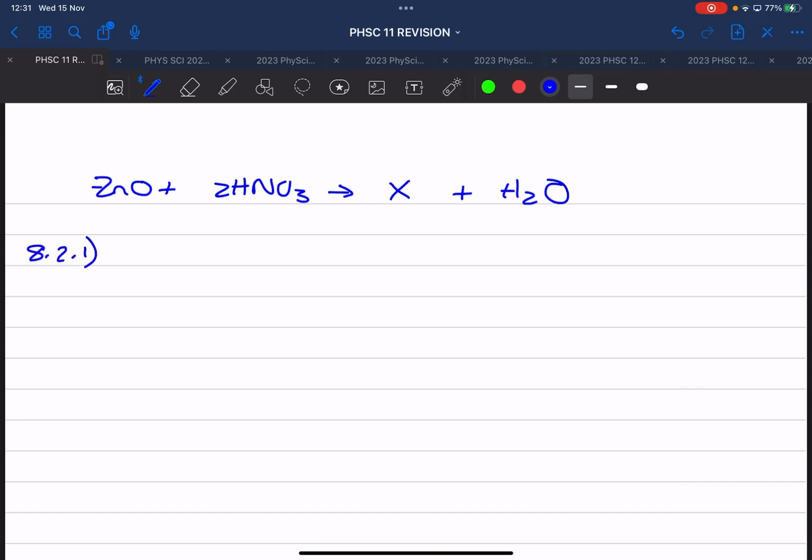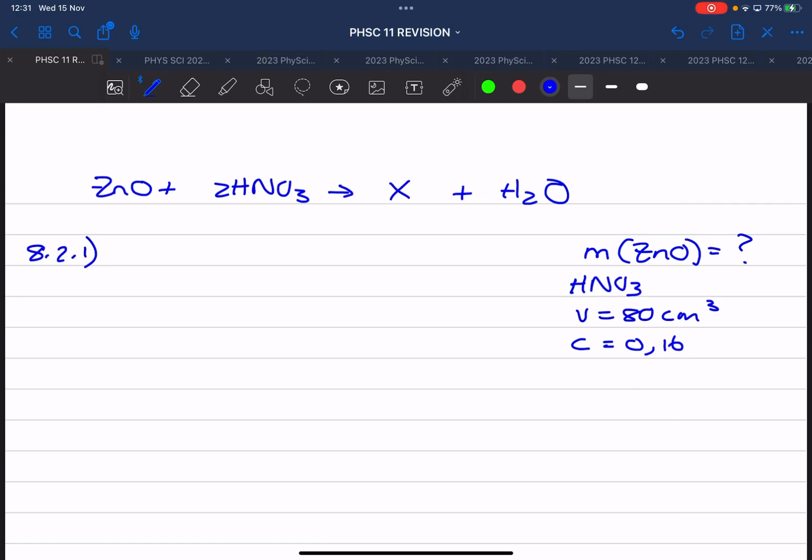8.2.1, determine the mass of zinc oxide that will be neutralized by nitric acid with a volume of 80 centimeters cubed and a concentration of 0.16. Okay.